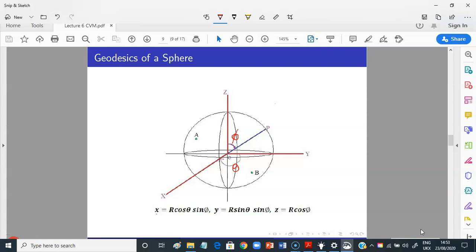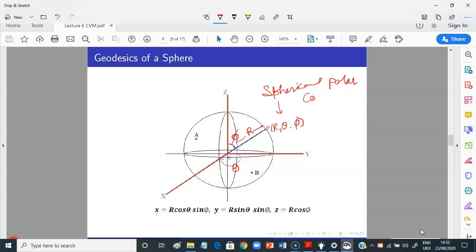r is the radius of this sphere. So the coordinates of any point on the sphere are represented by r, theta, and phi, and these are called the spherical polar coordinates.